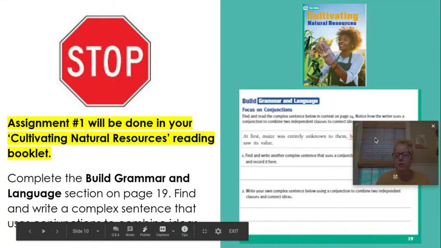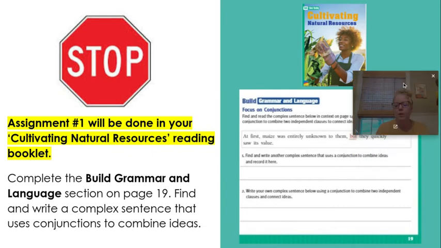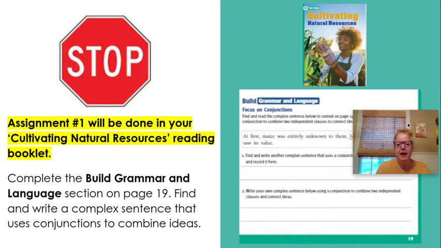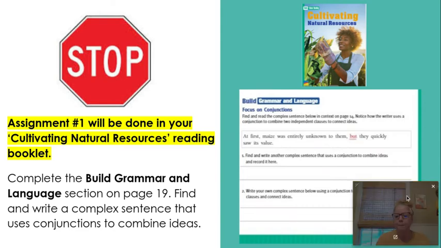Okay, now you are going to go to page 19 of your booklet, and you're going to complete the Build Grammar and Language section on page 19. So go to page 19 and find where it says Build Grammar and Language. Focus on conjunctions. Find and read the complex sentences below in context on page 14.